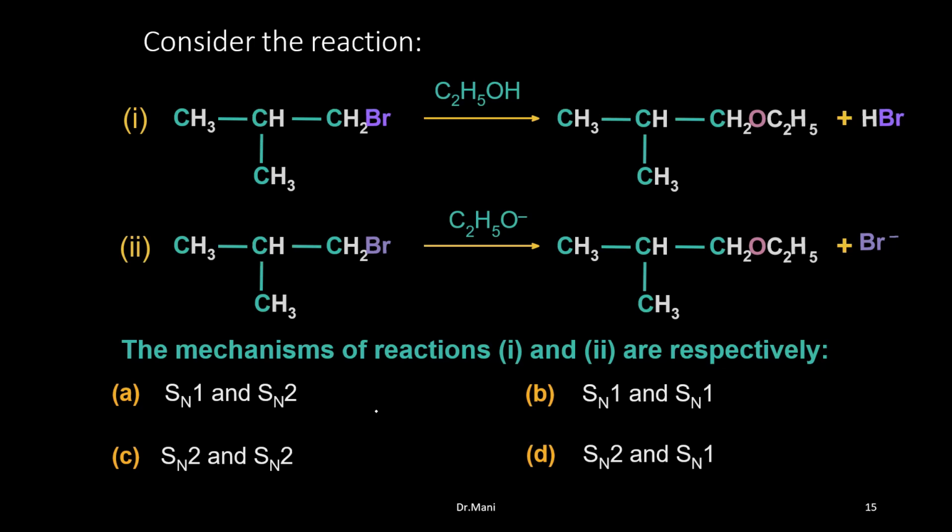Yes or no? And what is the order for SN1 and SN2? For SN1, tertiary is greater, then secondary, then primary. For SN2, the opposite happens: primary, secondary, tertiary. So tell me by this as well.